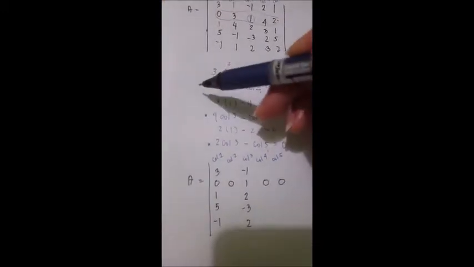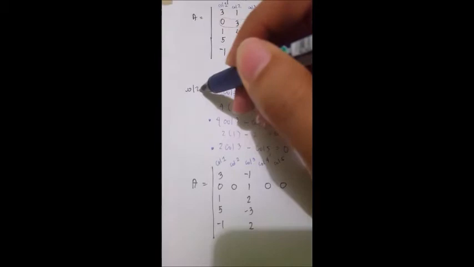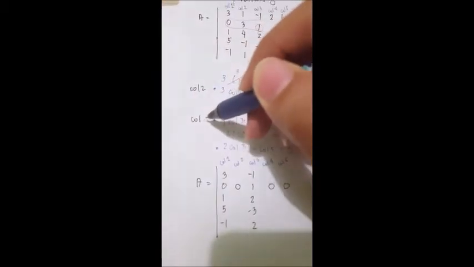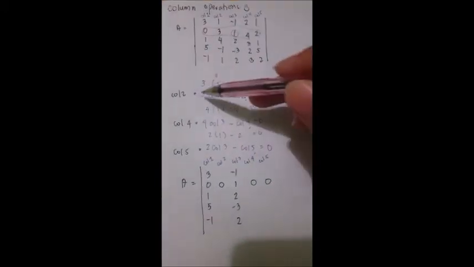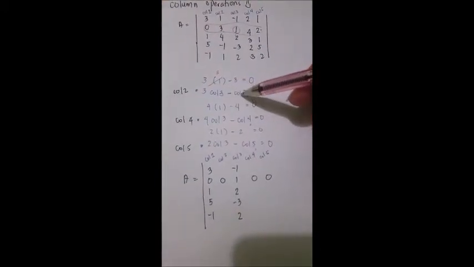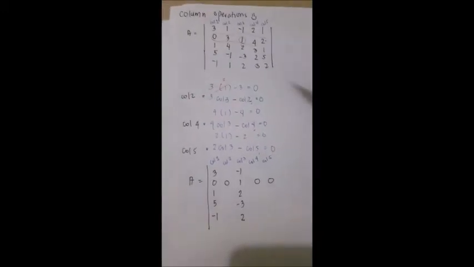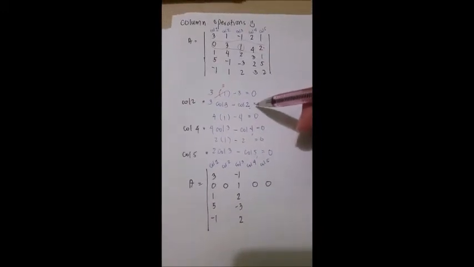And this will be the equation for column 2. This is the guiding equation for column 2. This is for column 4. This is for column 5. So, yung gagawin natin is 3 column 3 minus column 2 is equal to 0. That is for 1. How about this one?